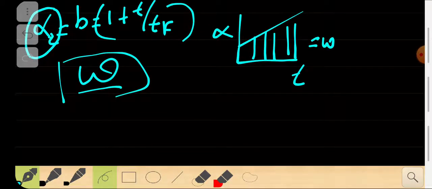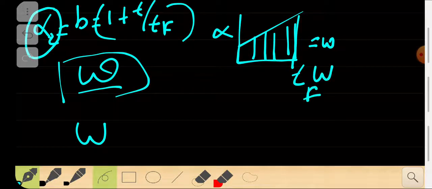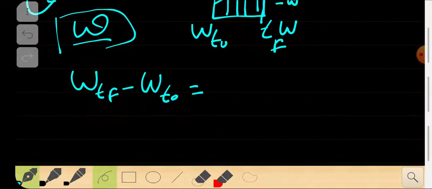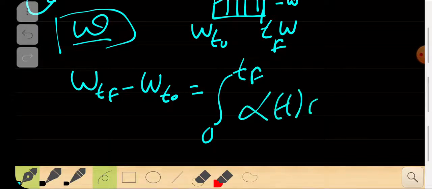So omega can be calculated as: omega of t final minus omega of t0 will be equal to the integral from 0 to t final of alpha of t dt, right?